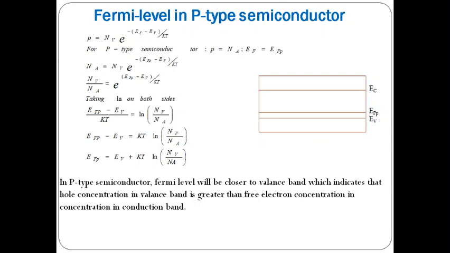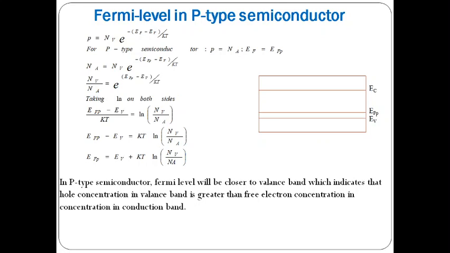So, in a p-type semiconductor, the Fermi level will be closer to the valence band, which indicates that the hole concentration in the valence band is greater than the electron concentration in the conduction band. By observing the energy band diagram, the Fermi level in p-type material is very close to the valence band. The Fermi level in n-type material is very close to the conduction band.